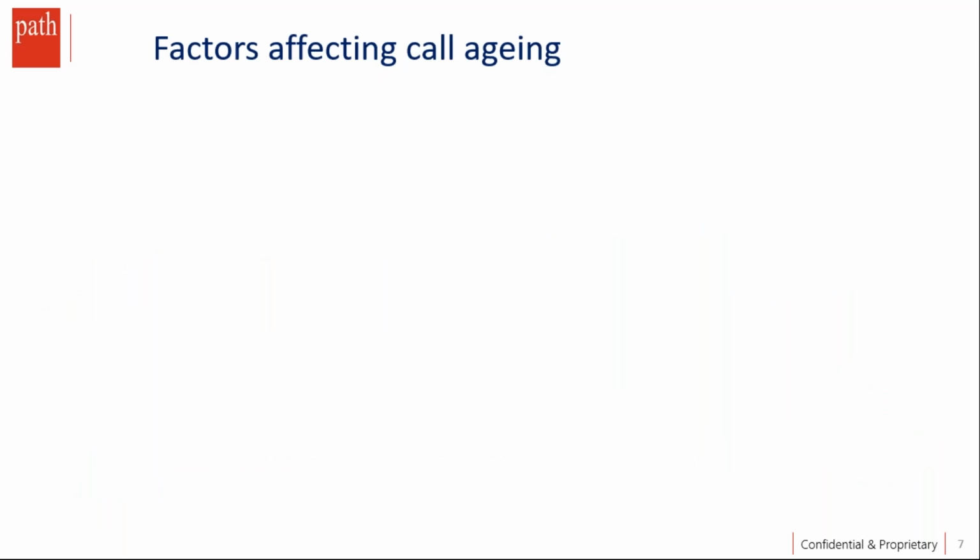So let's understand what all factors affect the call aging that we call TAT, or turnaround time, to manage service operations. Especially in case of field operations, the very first and foremost thing is late allocation or assignment of calls, which increases your lead time or turnaround time. When you are dependent more on paper-based or manual allocation, there are chances of manual errors.